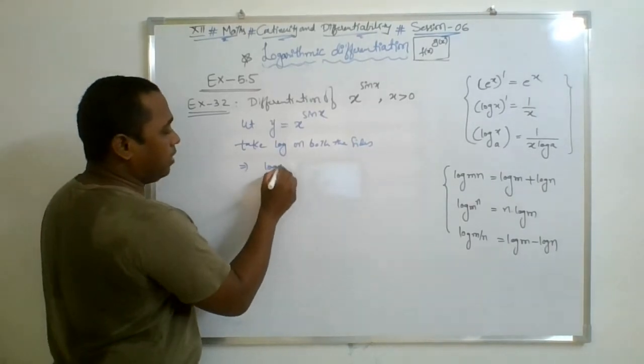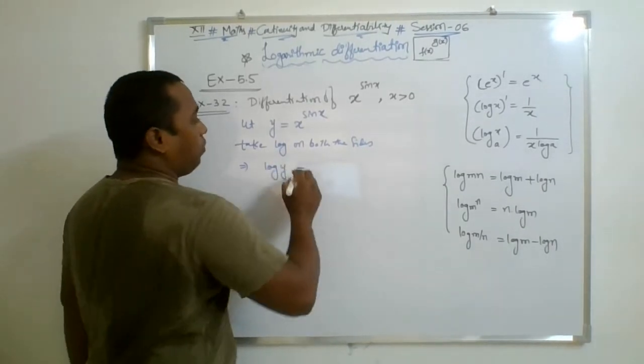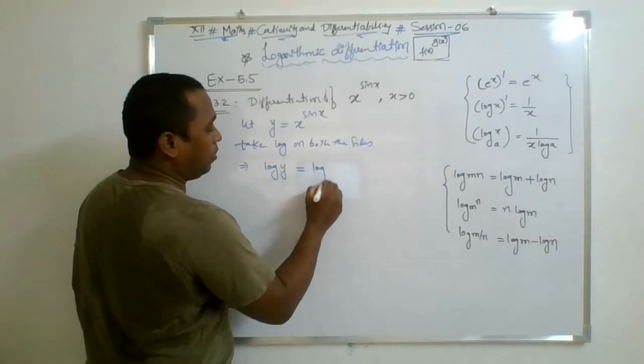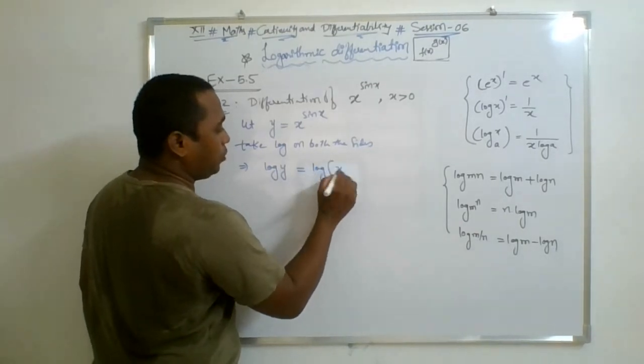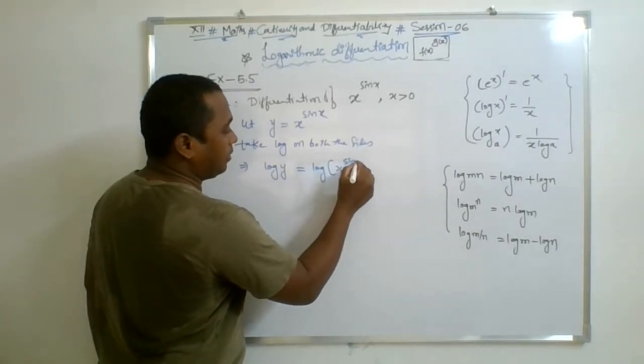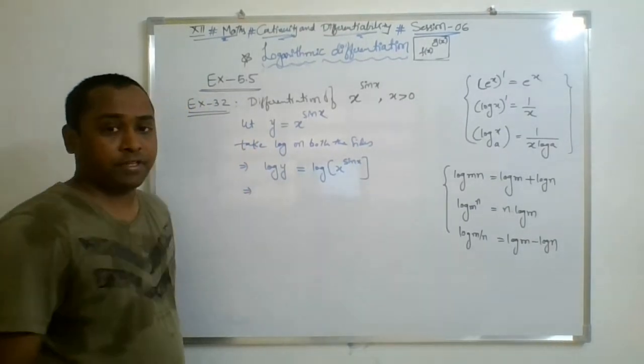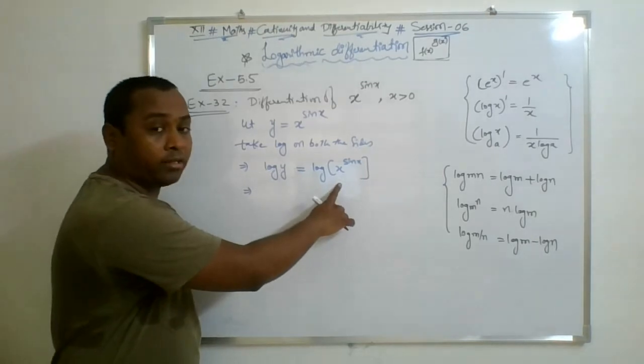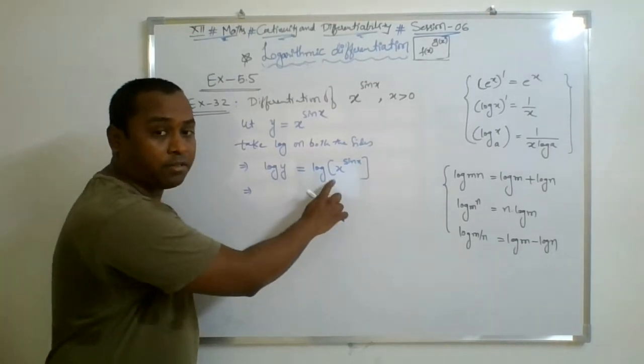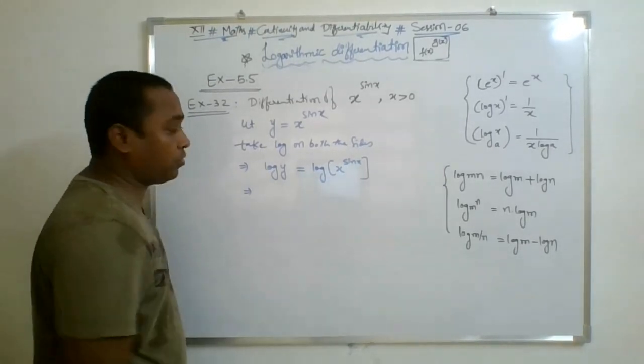What you will see: log y is equal to log of x to the power of sine x. And then before starting the differentiation, apply logarithmic properties to simplify the function and then go for differentiation.